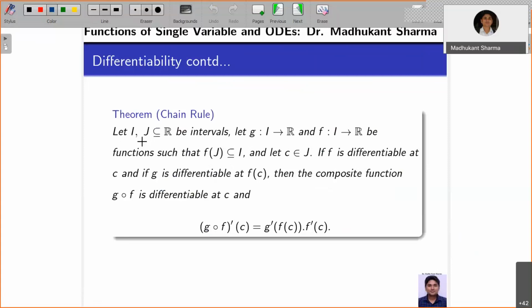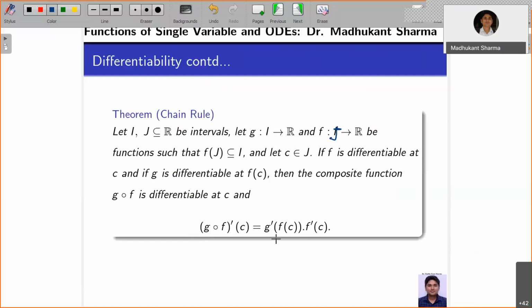Now this is a composition of two functions, like we discussed for the continuity case. Let I and J be two intervals, and let g be from I to R and f be from J to R, functions such that the range of f lies inside I, and let c be in J. You define g composed with f and discuss differentiability at c.